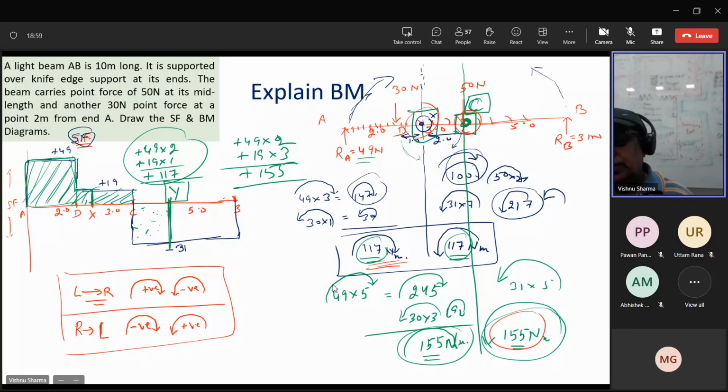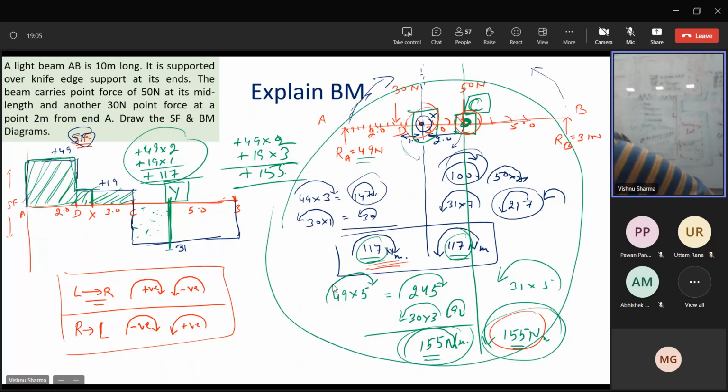Okay. So this part that I have done, what I'm circling, was only for you to appreciate what is meant by bending moment. We will not be using this concept for the purpose of calculations. We'll be using the area under the shearing force diagram to get the BM. That will be much faster, much easier.